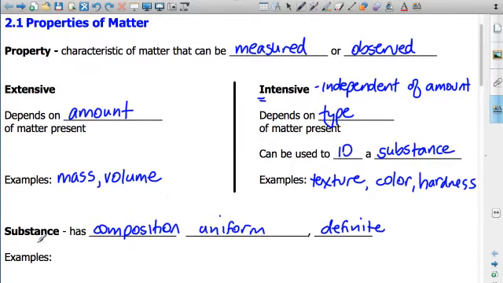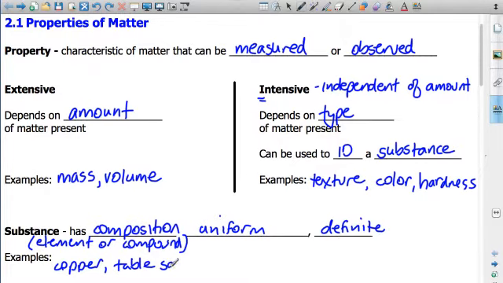A substance is considered an element or a compound. An example of a substance would be copper. Another is table salt. A third you're familiar with would be the oxygen gas that you breathe to keep you alive.